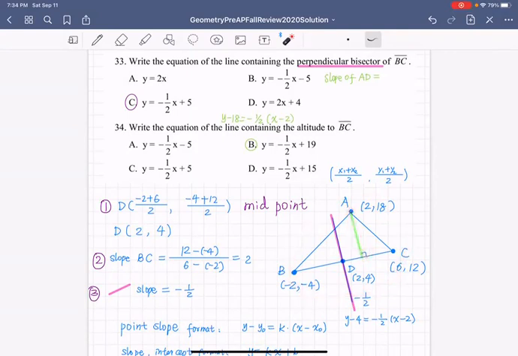Right. And you see, is this green altitude parallel with this pink line? Yes or no? Yes. What is this one's slope? -1.5. Okay. So what is this green line's slope? -1.5. Good. This line has that slope and passes through this point.